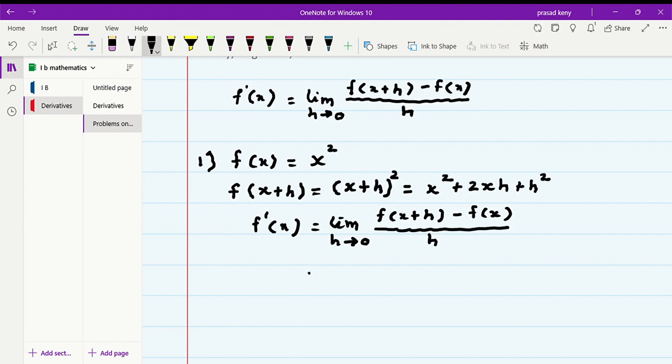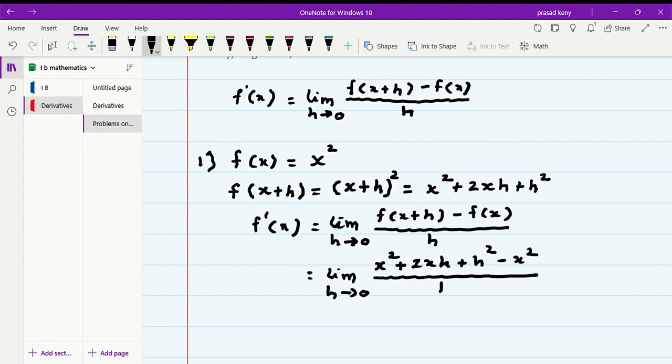So that is limit as h tends to 0. Now f of x plus h, that is x square plus 2xh plus h square, minus f(x), that is x square, divided by h. So x square will cancel with x square.